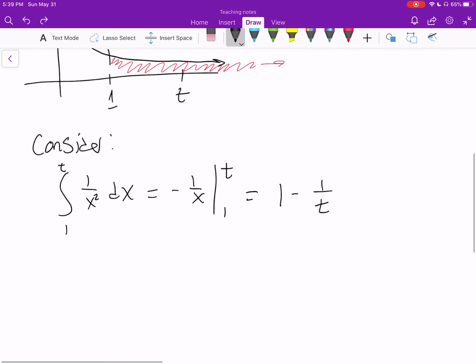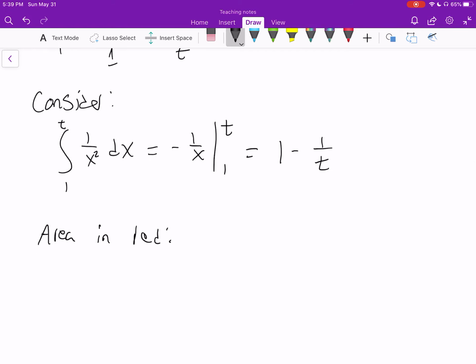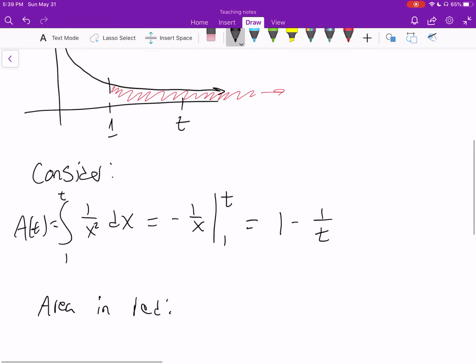So then I can say that this area that I want to find, the area in red, we could define it to be, let's call this A of t. This A of t just describes the area underneath 1 over x squared up to the point t. So you can plug in different values of t and get different areas.